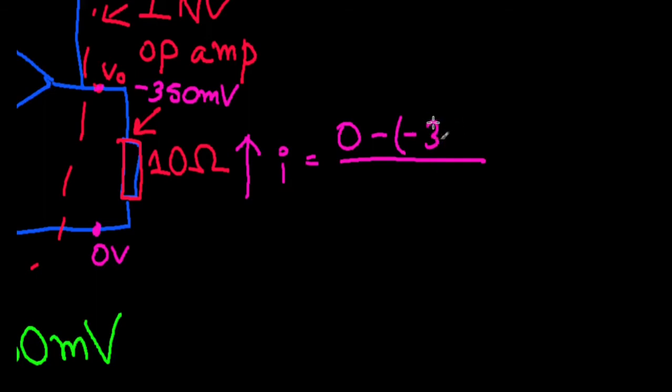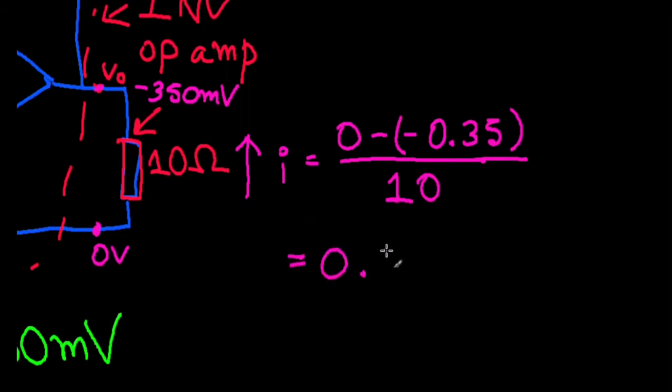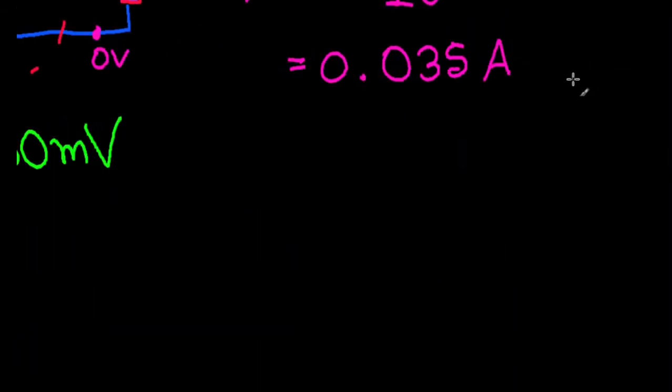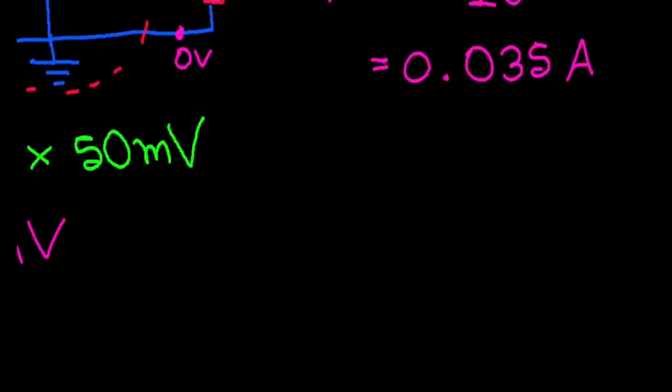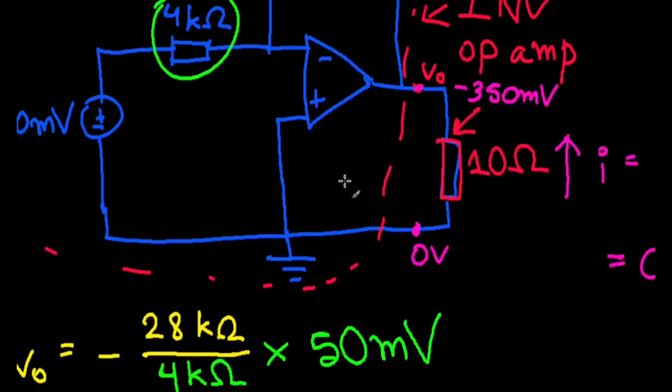Actually, I'll convert that to volts, so 0.35 volts, basically 350 millivolts, divided by your resistance, which is 10 ohms, and this is 0.035 amps, or you could say 35 milliamps. All right, so that's my answer, and we obtained it pretty easily.